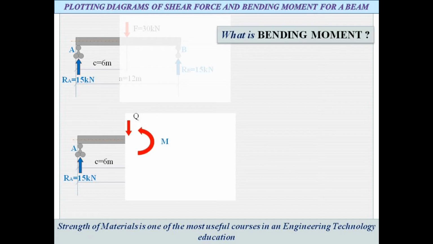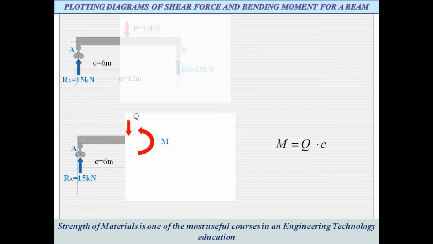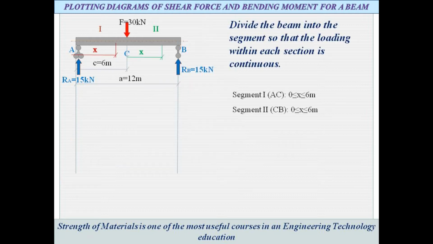But our segment wants to spin clockwise about point A. To counteract this tendency to spin, a moment M develops within the beam to prevent this rotation. The moment M equals the shear force Q multiplied by the distance from point A, C. Divide the beam into segments so that the loading within each section is continuous.